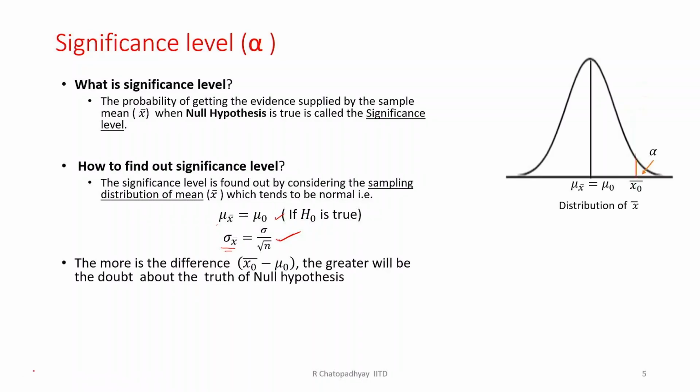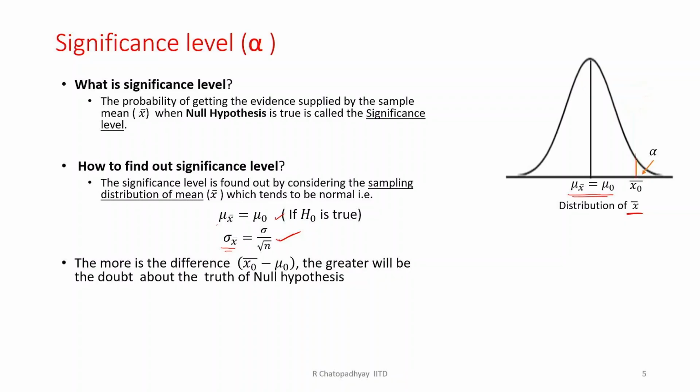So next, the diagram is shown that the distribution of x bar, we already have learned, follows a beautiful normal distribution always. And mu x bar is mu 0, where the peak appears.